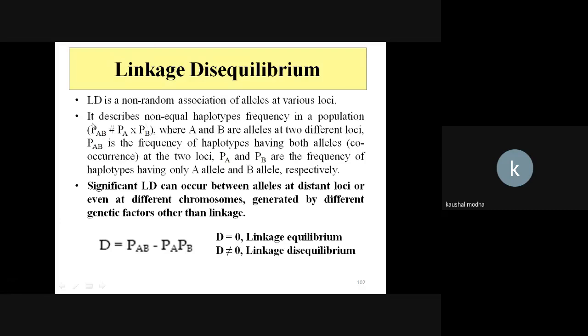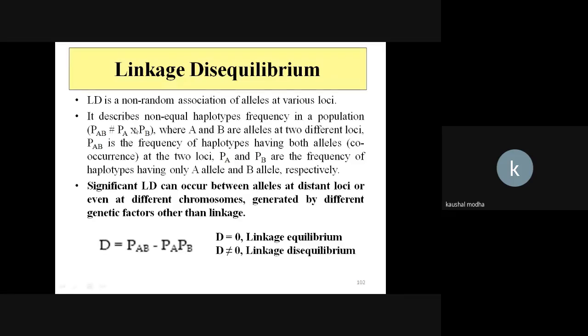That is the joint occurrence. Now, if these two alleles are independent from each other, if they are not associated, then their joint occurrence will be equal to the multiplication of their independent occurrence. In that case, their joint probability will be equal to the multiplication of their independent probabilities.